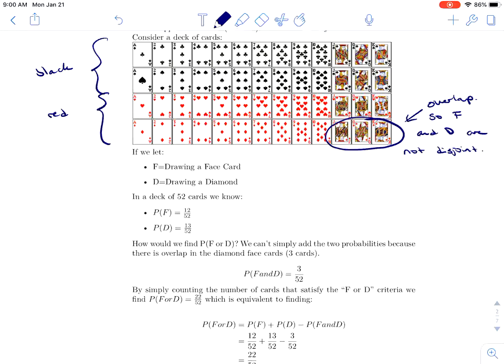Okay. So if we're thinking in terms of F and D, the overlap is where we have a face card and a diamond. And so here, we've got "F and D", and I'll put quotes around it because that's going to be a concept, where face cards happen at the same time as the diamonds.